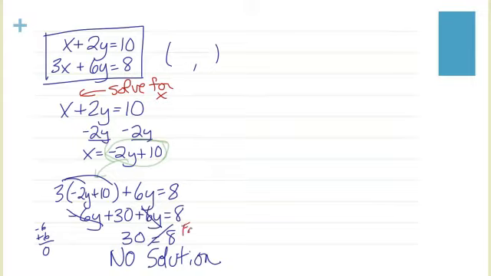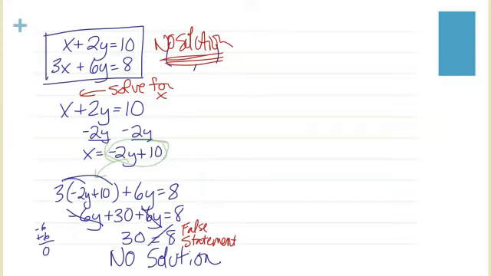Because this is a false statement. There's nothing that will work. And when we get to graphing, we'll find out that that means those lines are parallel. If I put them both into slope-intercept form, they have the same slope. They will never intersect. Okay, so this one, no solution.